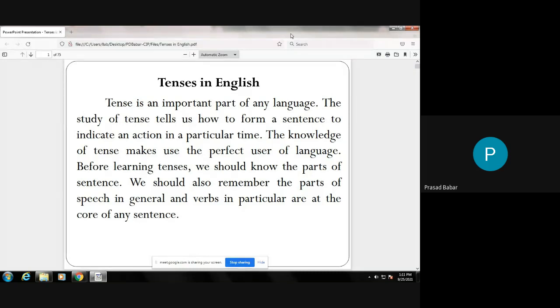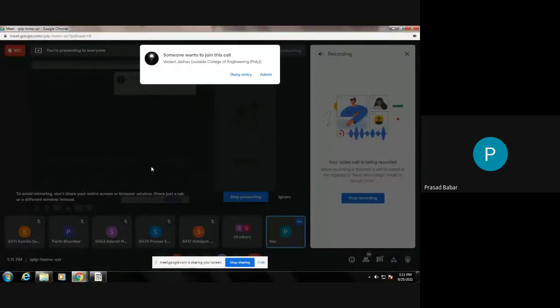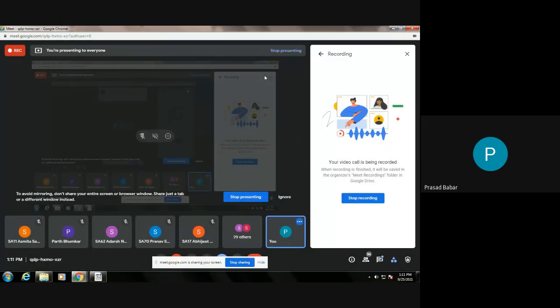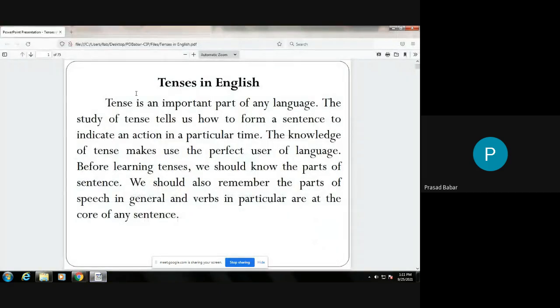Tense is the chapter where we are going to learn the structures related to the sentences that we construct in each tense. That's why we learn tense.